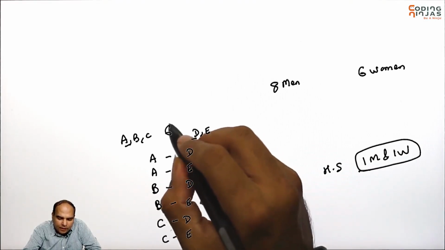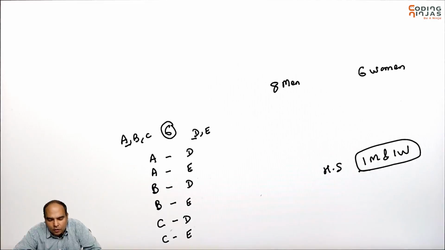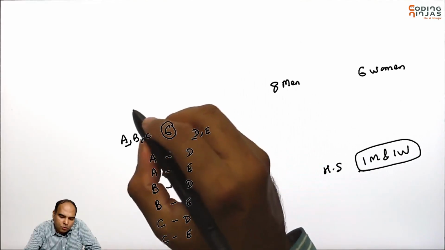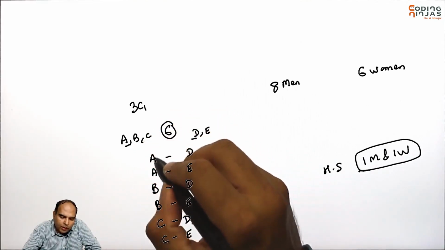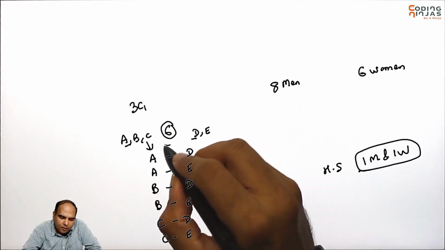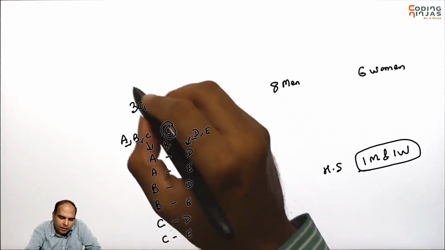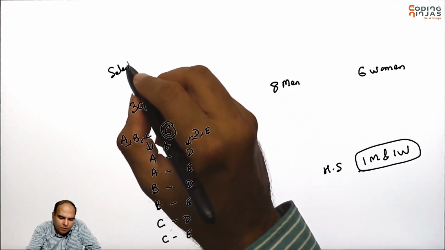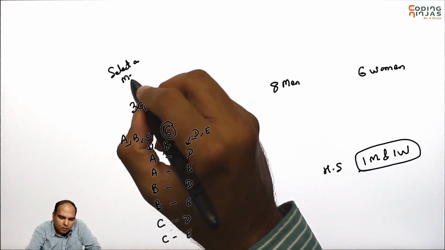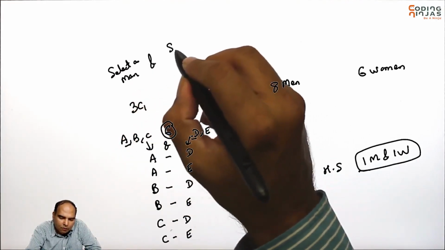So you can see very clearly in this scenario there are going to be 6 handshakes, and this 6 on the NCR logic will get done using 3C1, because what you are doing is selecting a man and selecting a woman.